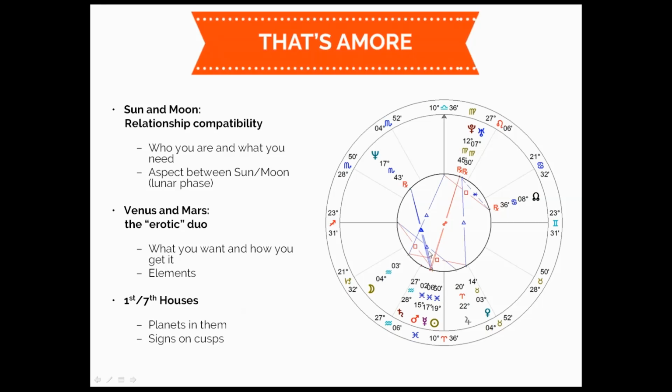And finally, we do look at the 7th house, the house of relationship. But it's important to begin by looking at the 1st house and the ascendant. Because again, the ascendant is what we're putting out in the world. It's what we're showing people of ourselves. And based on what we put out into the world, that pretty much dictates what will attract back to us from the 7th house.